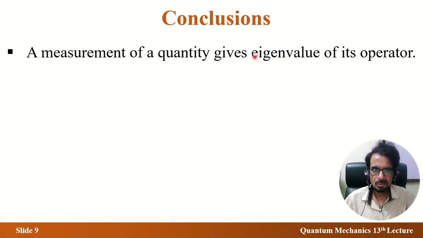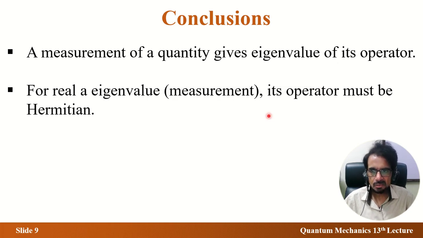That measurement gives you an eigenvalue, and it was understood that eigenvalues are real, and what we learned is that if eigenvalues are real, then the operator must be Hermitian. And I introduced the definition of Hermitian, and of eigenvalue and eigenvector and all that.